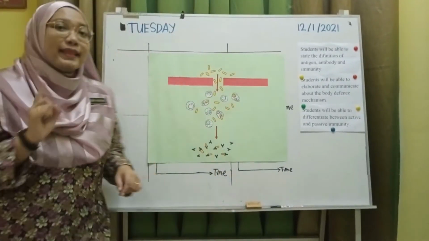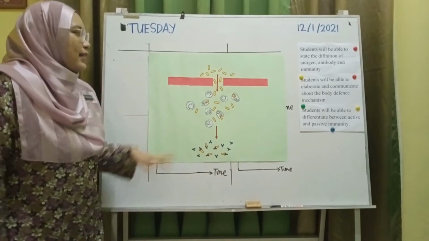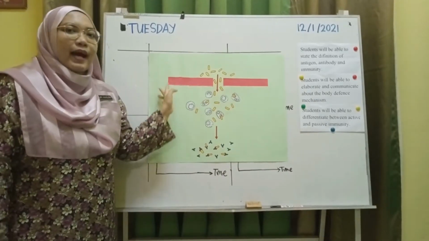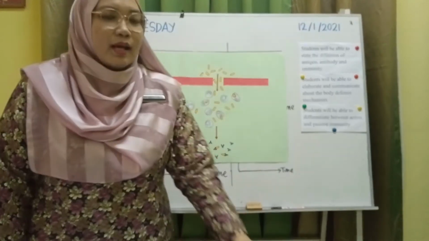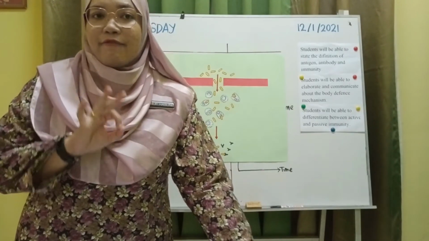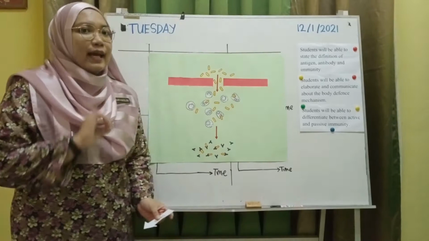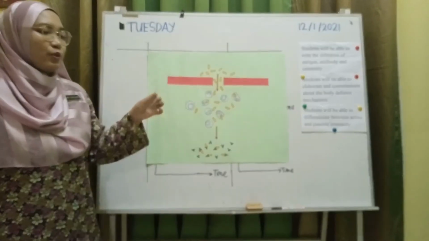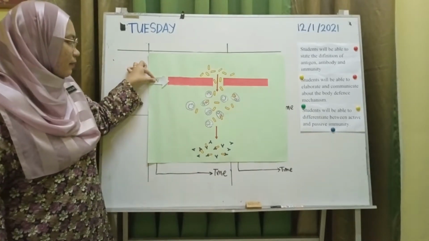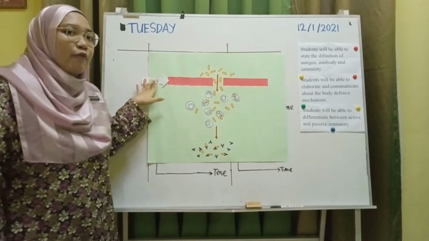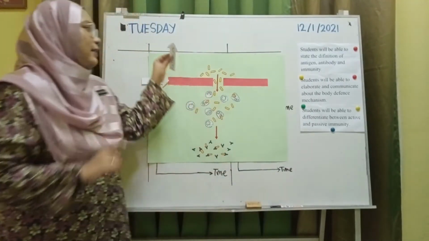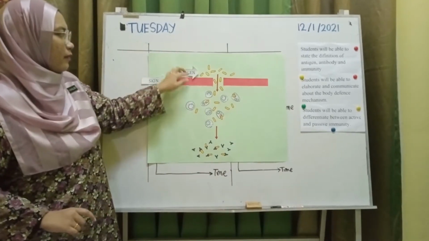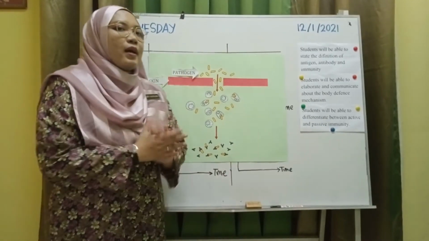So, for better understanding, let's take a look at the diagram that I have prepared. Okay, so we have three defense mechanisms, three lines of defense. The first one is our skin. Our skin will protect our body from the entry of pathogens.